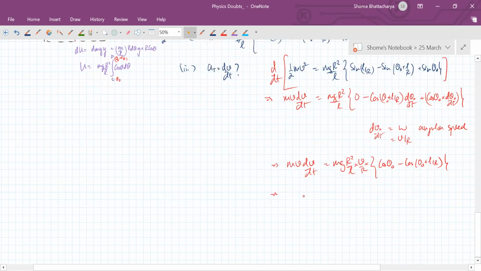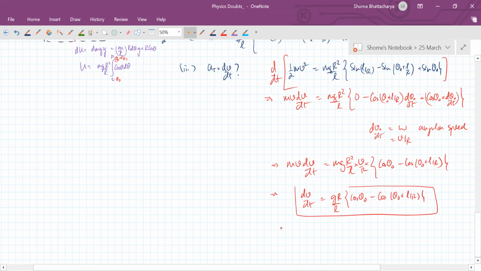So you can cancel the common terms. So dv by dt becomes g r square by L r, so that will just become g into r by L into cos theta naught minus cos of theta naught plus L by R. So this is a general expression.